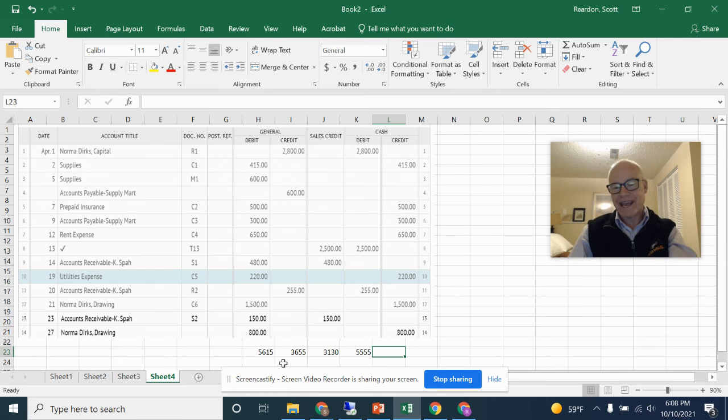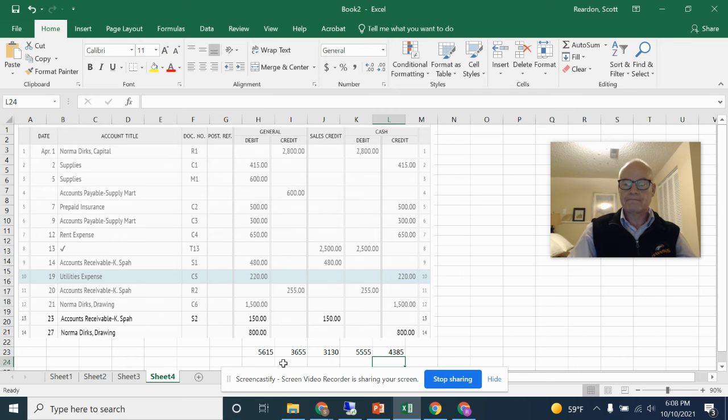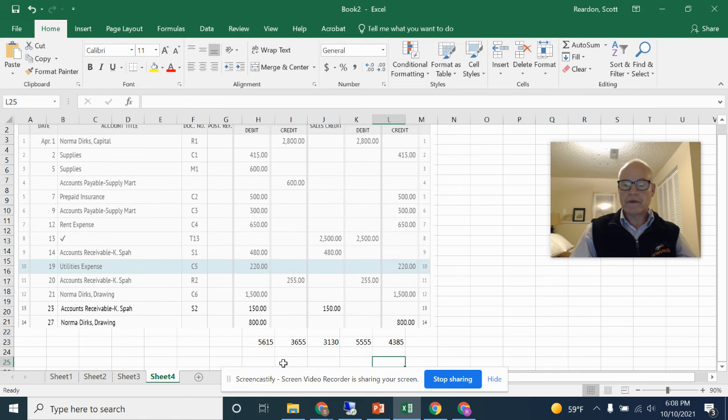Cash credit, my scaling's a little off here, but you can forgive me for that. 415 plus 500 plus 300 plus 650 plus 220 plus 1500 plus 800. 4385. Now let's go see what I got for debits and credits.